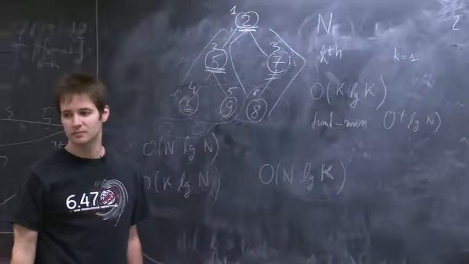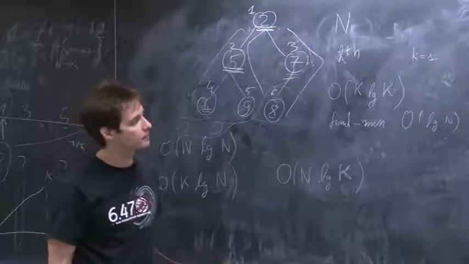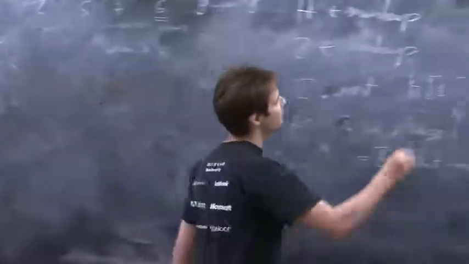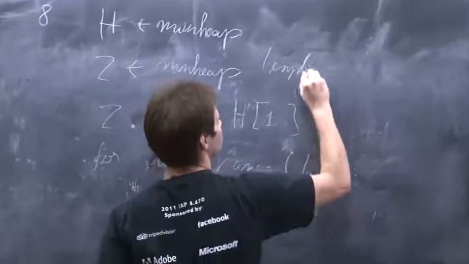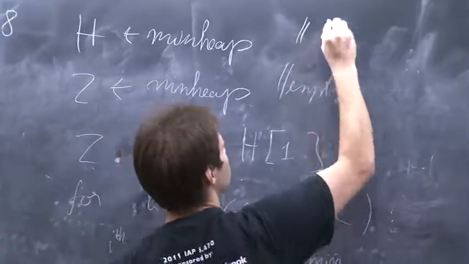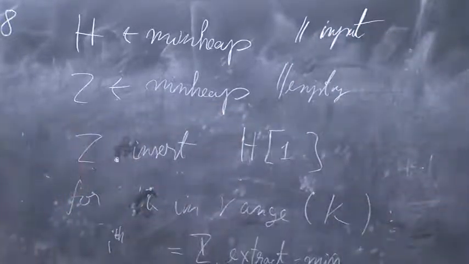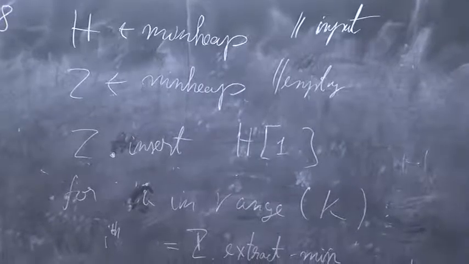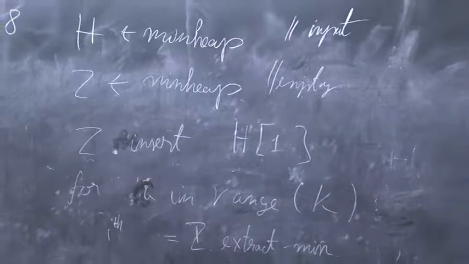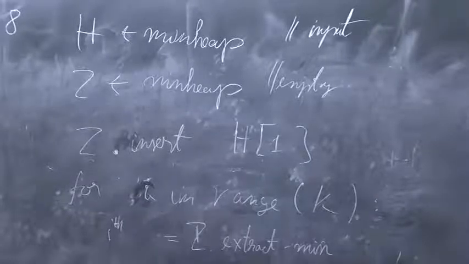The heap is empty first, and then I insert H1. This is empty, and this is the input. So I need to use the numbers as the keys. So when I extract the first element, it's going to say 2. It's not going to say 1.